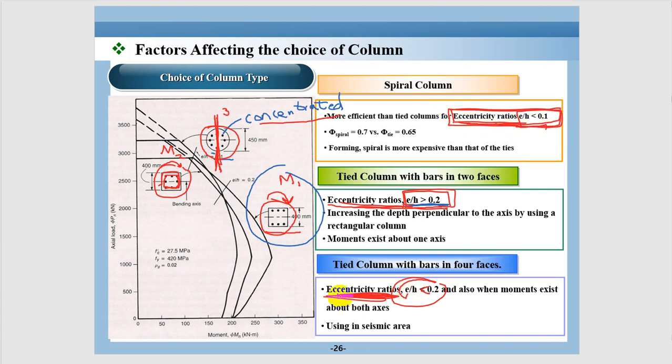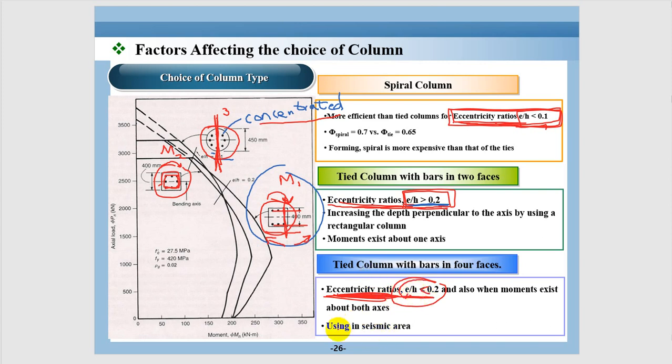Otherwise, you have to distribute your rebar as far as possible from the neutral axis, right? So that you can have a better capacity to resist your eccentricity ratio right here. Do you understand what I'm saying?